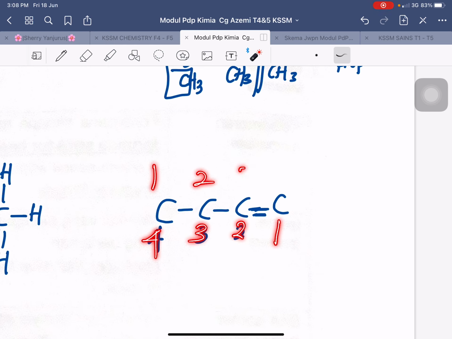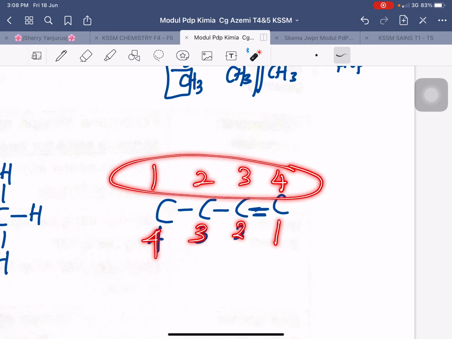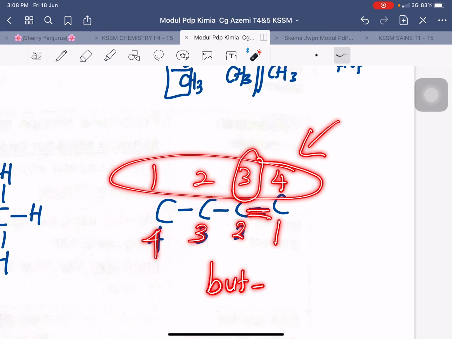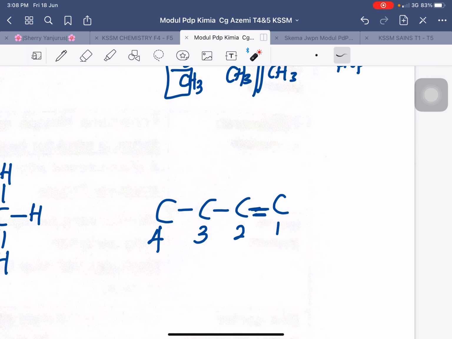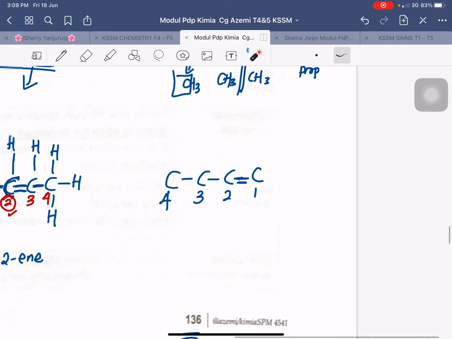Not the other way. If you number like this, the double bond will become 3. So this becomes but-3-ene, which is wrong. Because remember the textbook's rule, the functional group must get the lowest number. So you must understand this point.